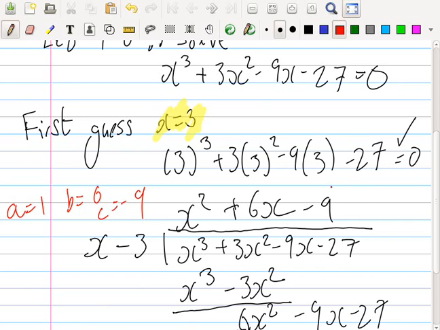A is 1, B is 6, C is minus 9. So I got a decimal answer, yeah? Come on, don't let me be the only one typing this in. Now you can just go mode 53 if you like. Yes? So it's not a nice answer, right?